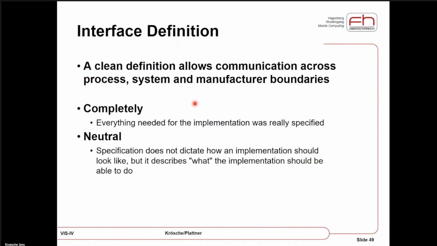So the interface definition needs to be clean and sound. It needs to be complete. Of course, we need to specify everything that is available. It needs to be specified neutral. This, of course, depends on the type of middleware technology we are using. Neutral means, okay, if it's specified in Java, then we can restructure it in Java on the other side, but we can typically not restructure it, or at least not that easily, in .NET, for instance.